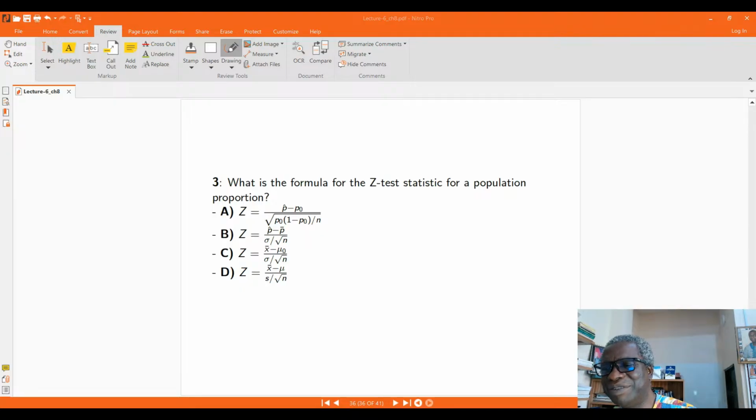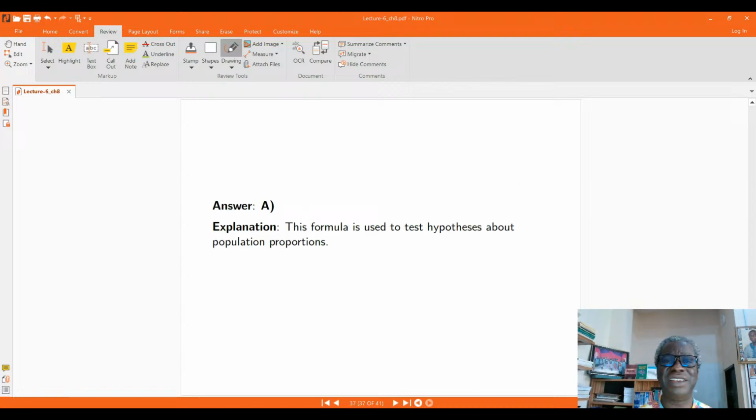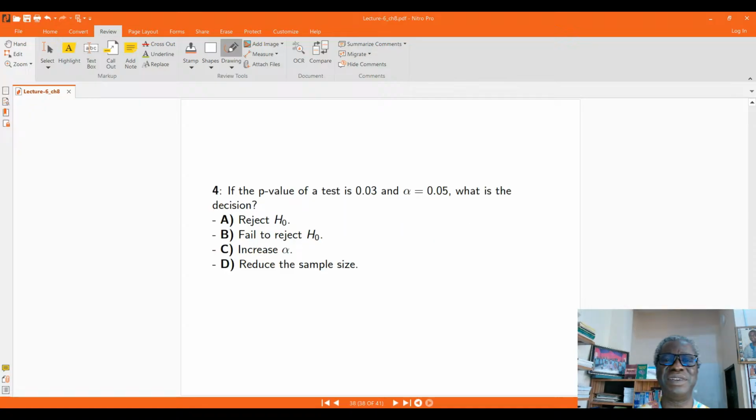Okay, so let's see, the correct answer in this case is A. So those who chose A are correct. The formula is used to test hypotheses about population proportions. Question 4. If the p-value of a test is 0.03 and the alpha, that's the level of significance, is 0.05, what will be your decision?